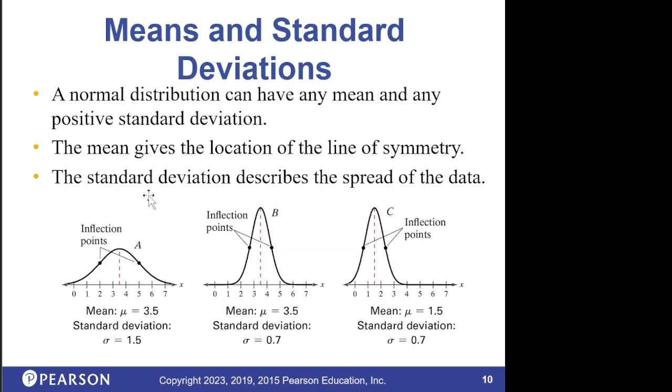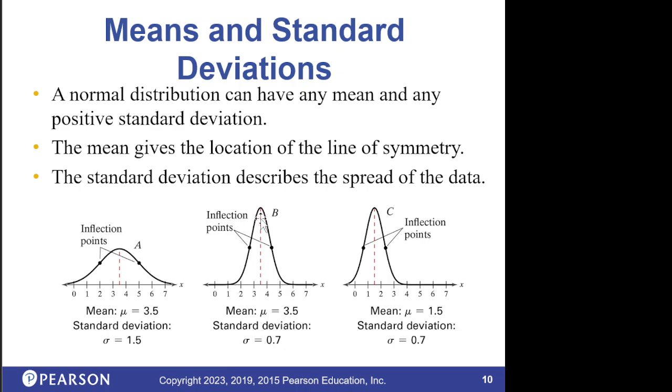And so the standard deviation describes the width. Here we have some different normal distributions, and they can have any mean that we want. Here we have a mean of 3.5 and a standard deviation of 1.5. Here we have the same mean, but a smaller standard deviation.